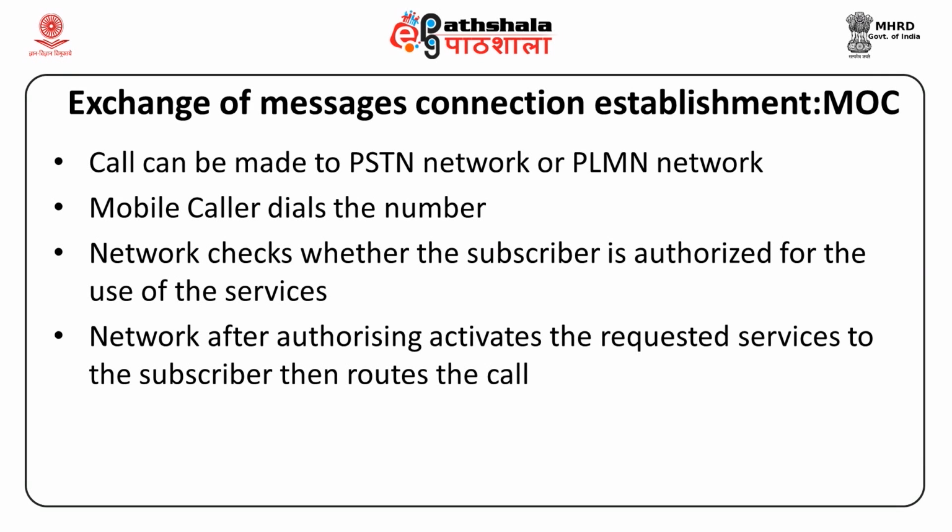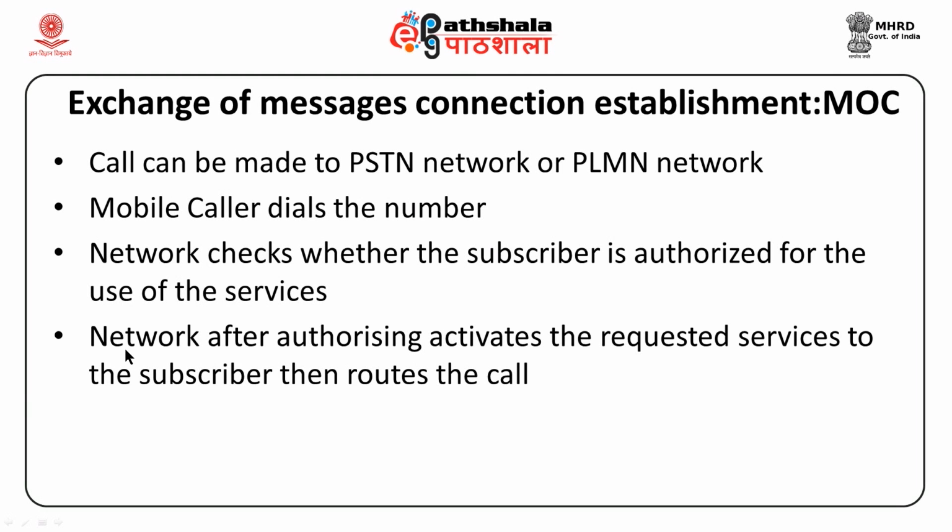Call can be made to a PSTN network or a PLMN network. The mobile caller dials the number, and the network checks whether the subscriber is authorized for the use of services.